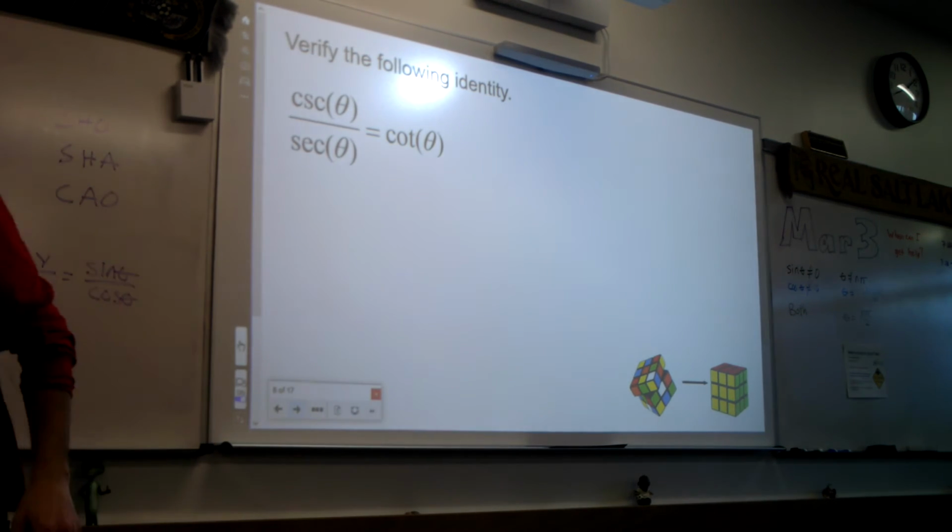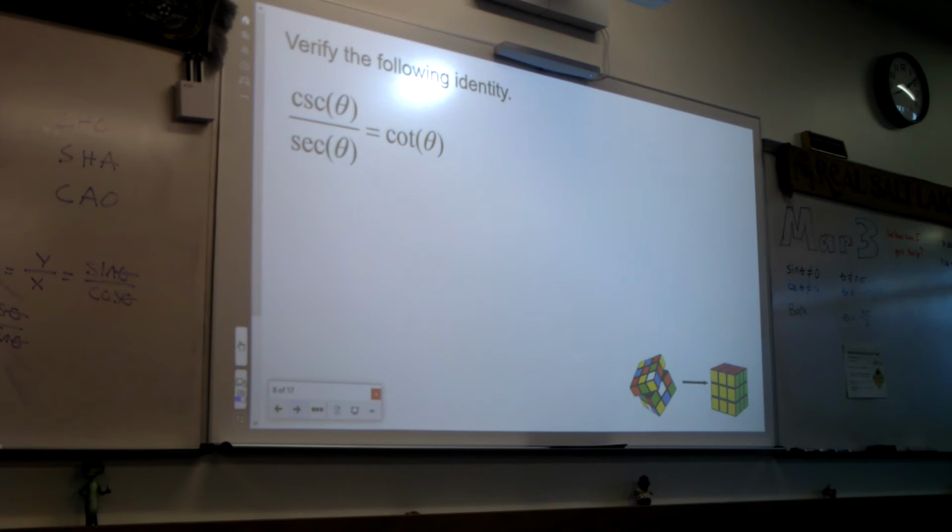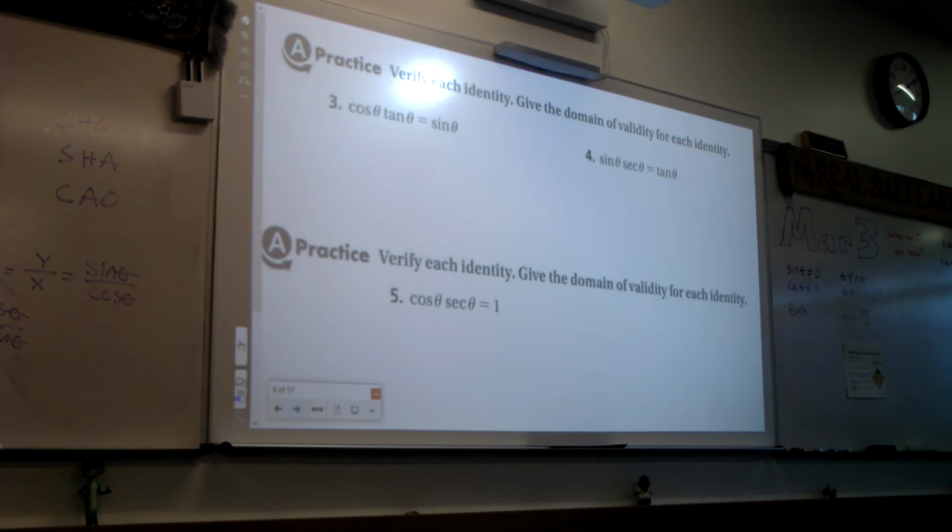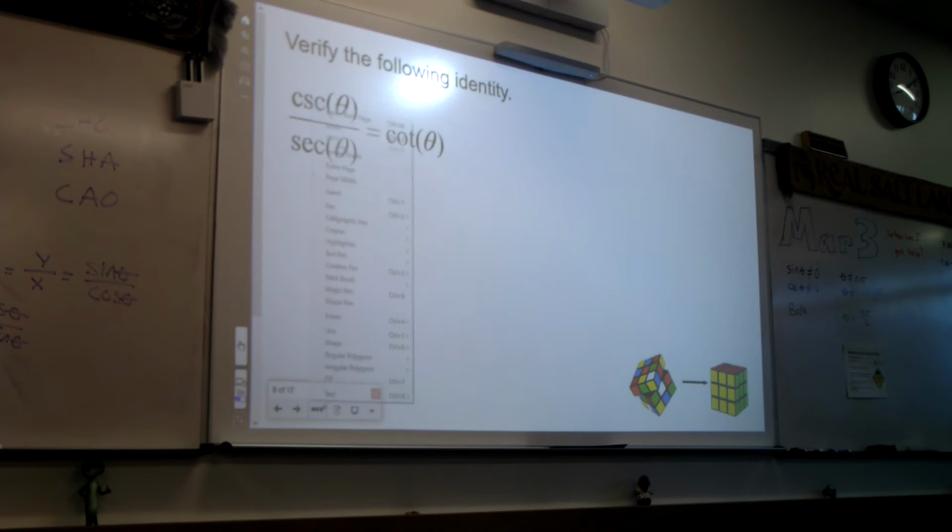Now, like I said last time, we're always going to start by getting it in terms of sine and cosine. So I want to put that as a little side note here. We want to get it in terms of sine and cosine. And to do so, you're going to refer to your identities that we already wrote down.